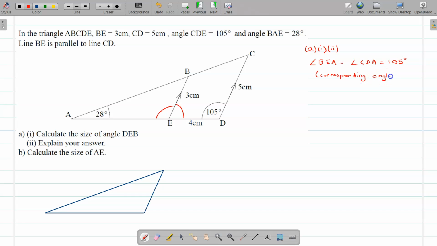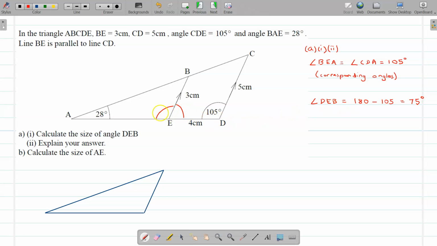And the next thing I need to do is take 105 away from 180 to get the angle BED or DEB, which is what I want. Angle DEB equals 180 minus 105, which is equal to 75 degrees.